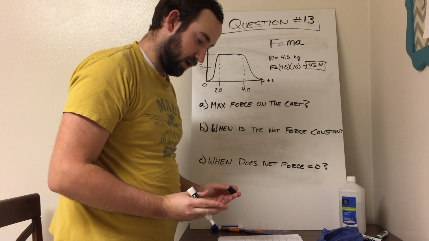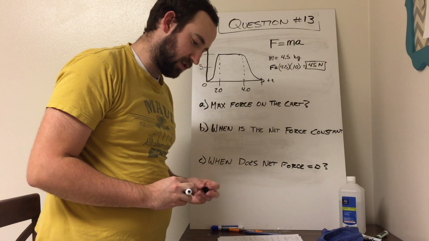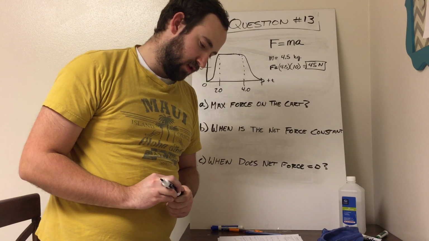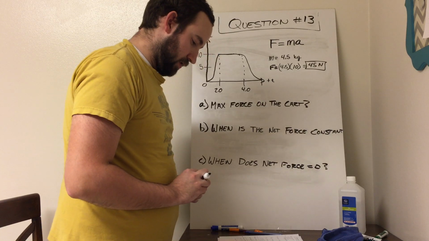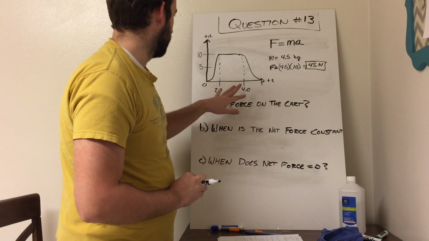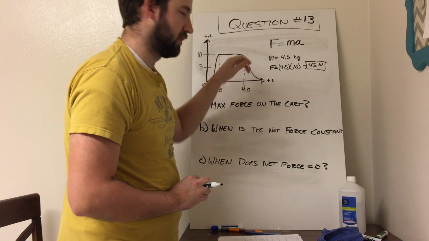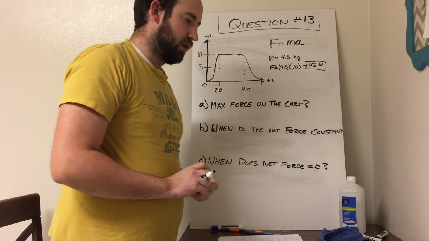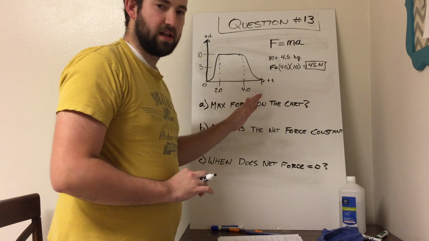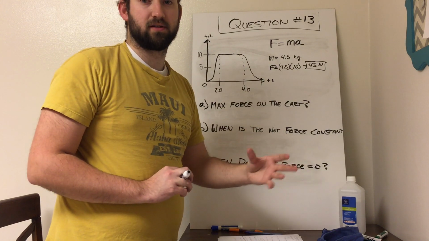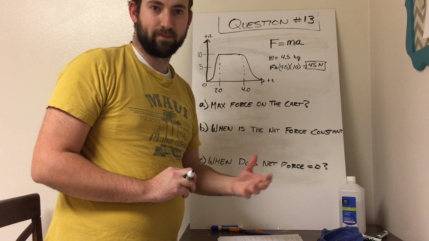That part of part A is done, but part A also asks what time this occurred during. We can tell that it occurred from 2 seconds to 4 seconds, because that's when the acceleration equals 10. So from 2 to 4 seconds, that cart was experiencing the greatest force.